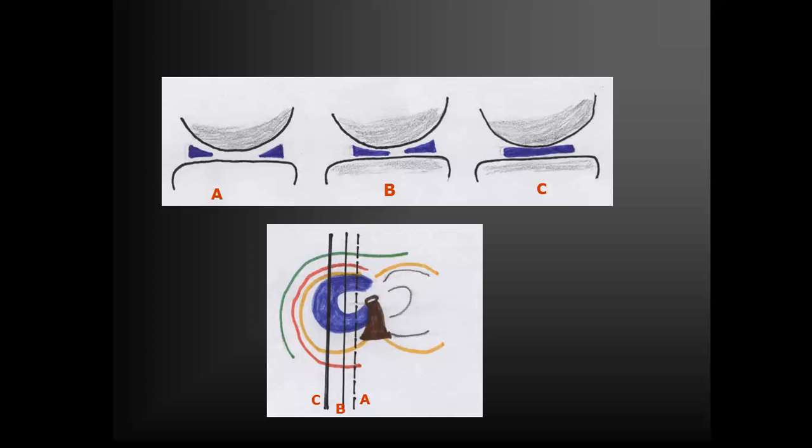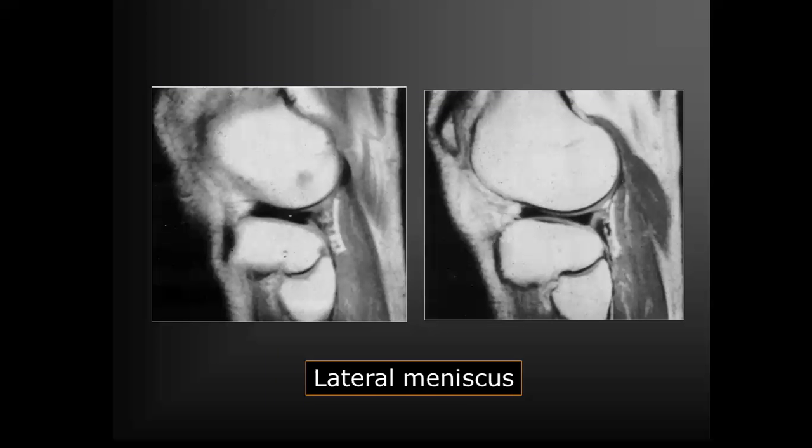Menisci. This is the appearance of the sky or the bow tie or the triangular appearance, and this is the cut within the body of the meniscus. This is the lateral meniscus, sharply defined, normal.